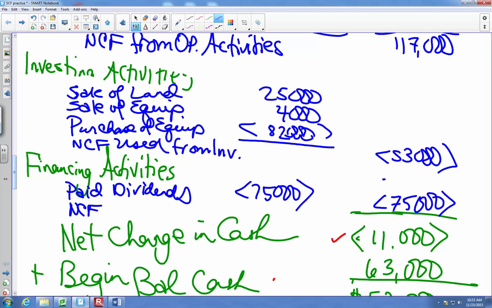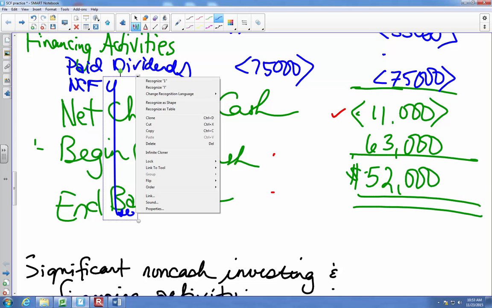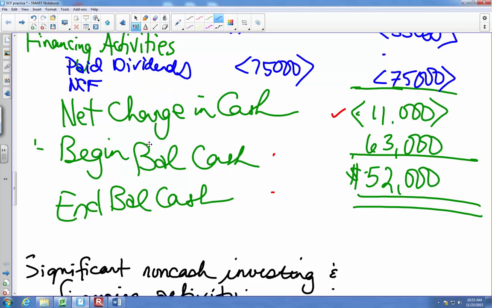Net cash flow used. Huh, it's just doing that weird. Net cash flow used from investment. Used by investment. No, financing.